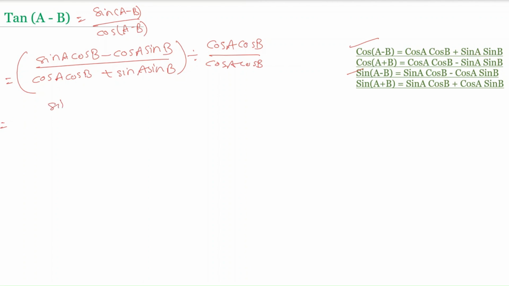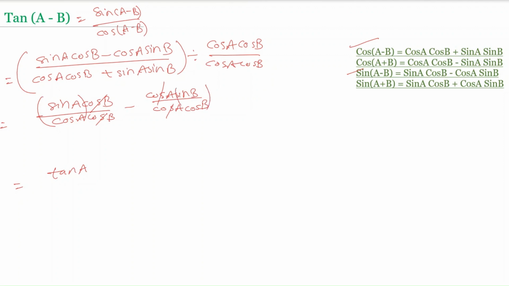For the numerator, first term sin A cos B upon cos A cos B. So cos B will get cancelled out. Sin A upon cos A is nothing but tan A. Minus, as it is, cos A sin B upon cos A cos B. Now again this cos A will get cancelled out.